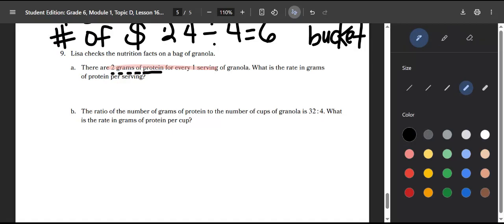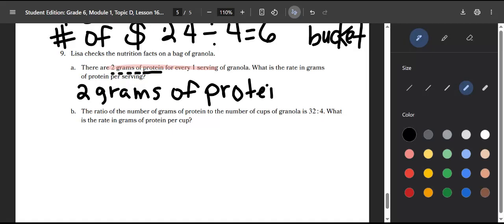So the rate is 2 grams of protein per serving. And I'm about to run out of room, so I'm just going to leave it at that. You spell out the word, please.